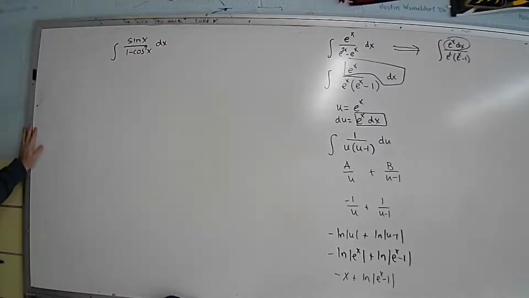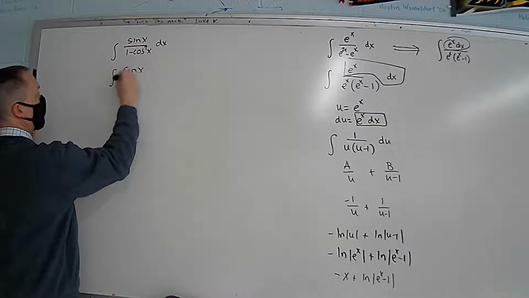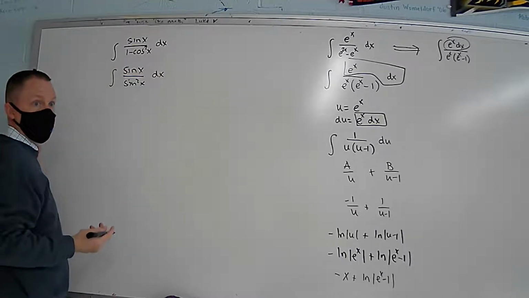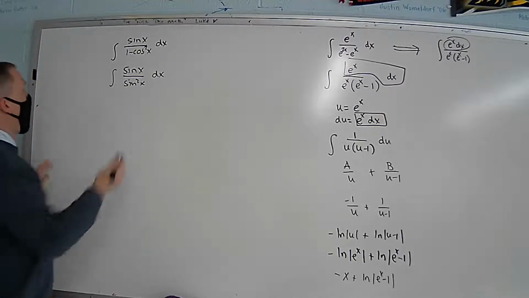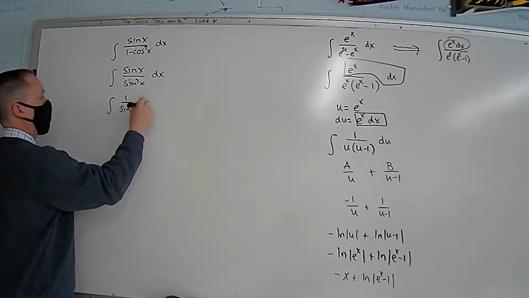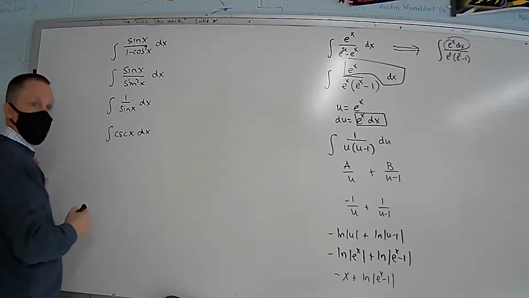So you have two options here. You don't have to do partial fractions on this problem because you could just say that's sine of x over sine squared of x, because 1 minus cosine squared is sine squared. Simplify that, and now that becomes 1 over sine of x, which becomes cosecant of x, right?